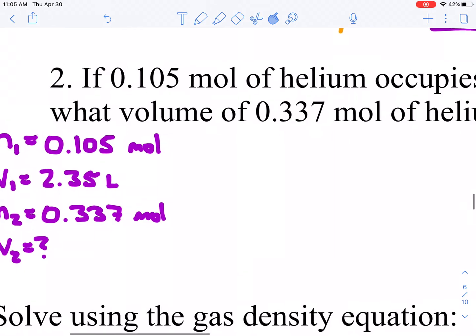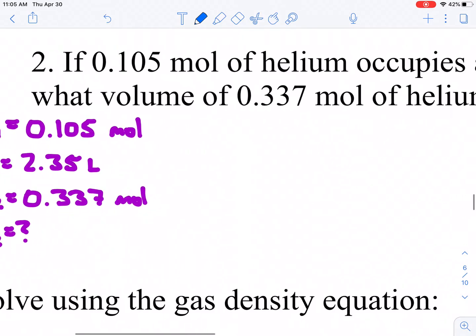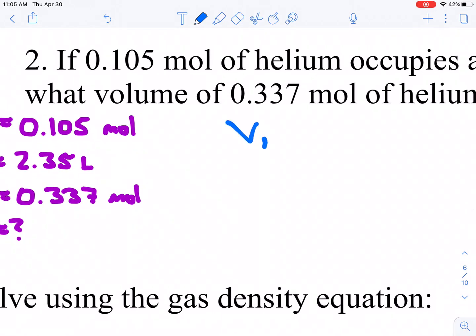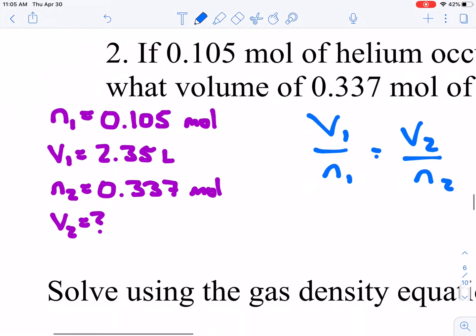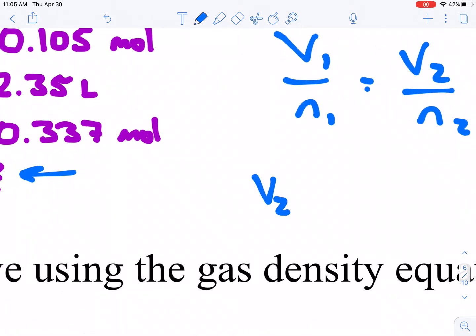So again, we have an N1 and a V1 and an N2 and a V2. So again, we're going to use Avogadro's law, which is V1 over N1 equals V2 over N2. We're going to rearrange for the variable that we're interested in, which is V2. So to get V2 by itself, we need to multiply out N2. So that's V1 times N2 over N1.